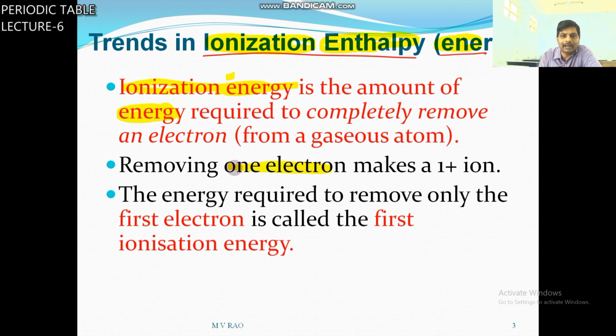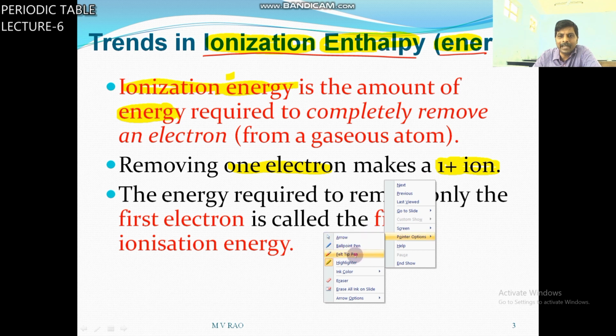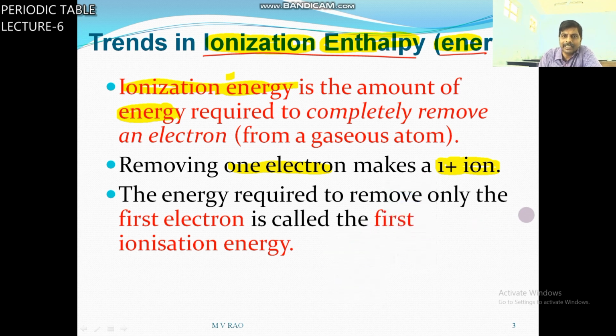Removing one electron makes the atom a unipositive ion. 1 plus ion means unipositive ion. If you take a sodium atom, after removal of one electron, it will become Na plus.